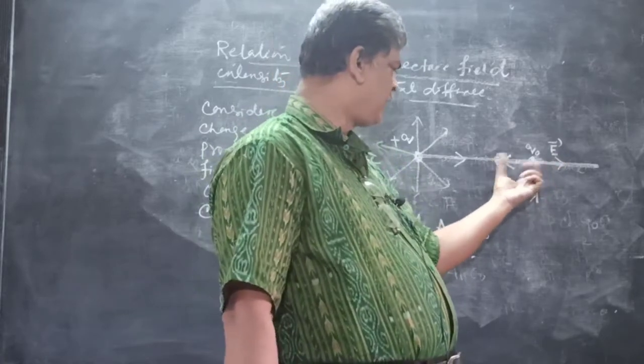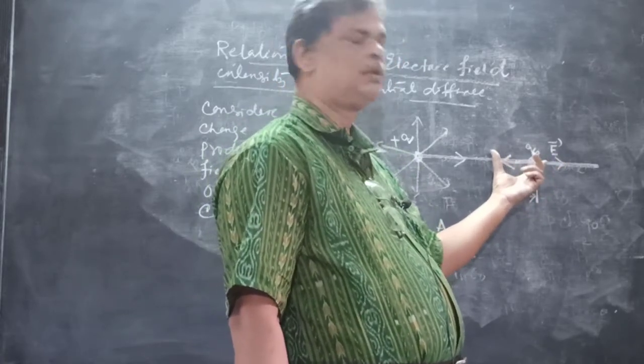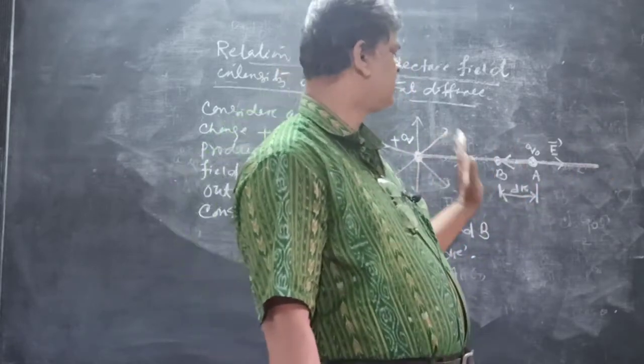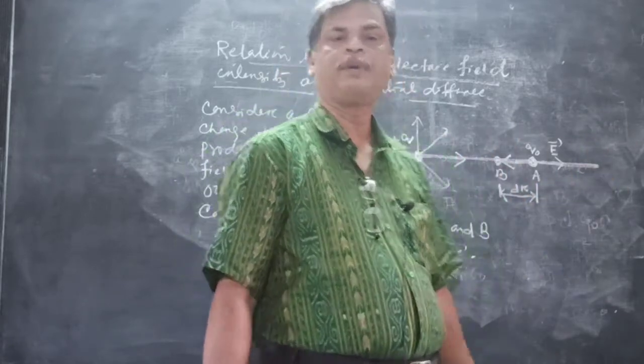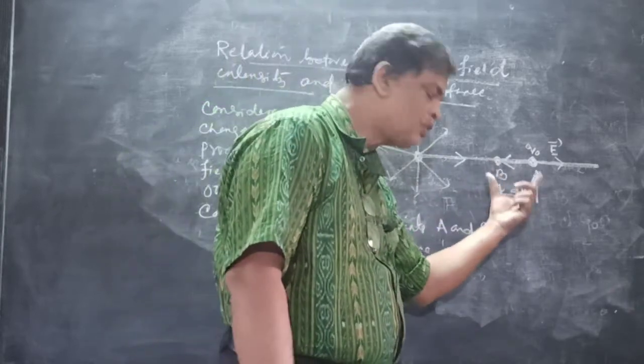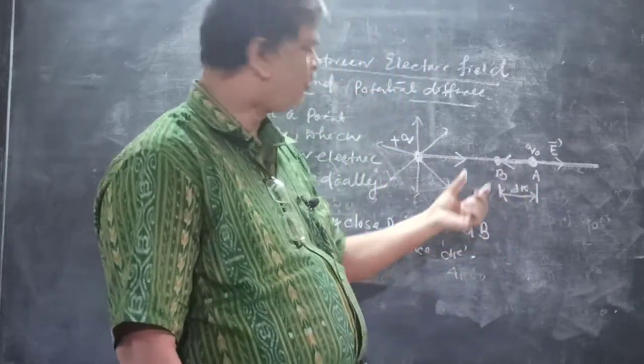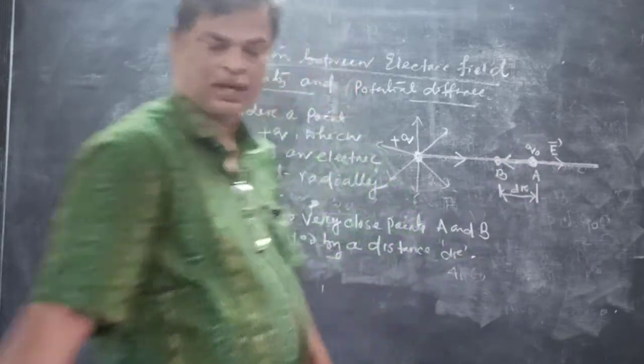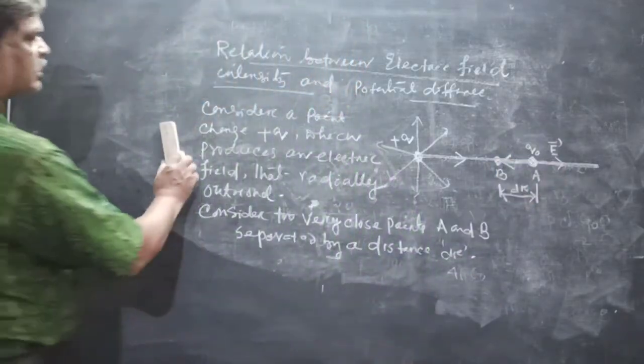As we go farther away the field decreases, but since we consider 2 very close points, we assume that the field intensity is constant within these 2 points A and B.